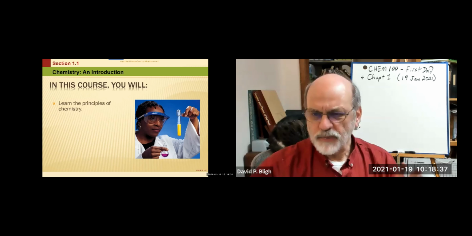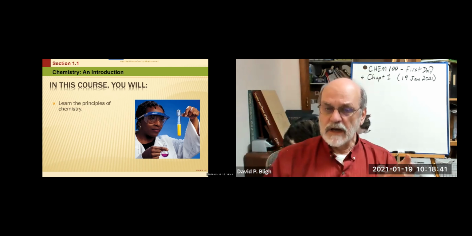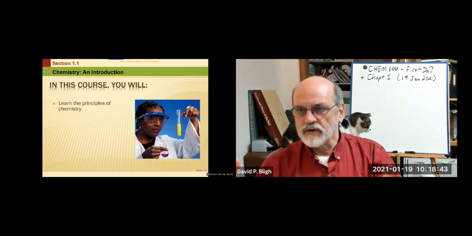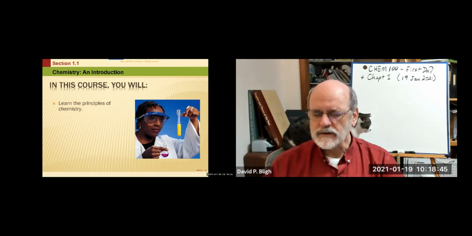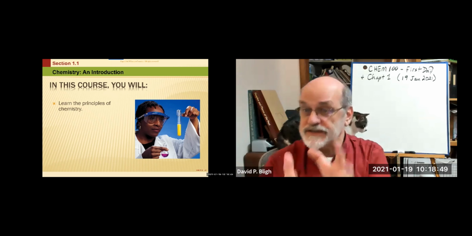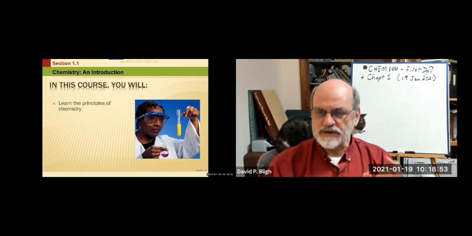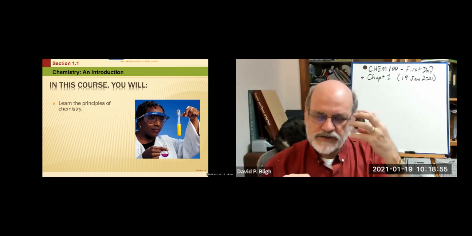So there are certain principles of chemistry, and I'll say this at the very beginning. What you see around you, the way nature works from a chemist's perspective, is nature does its thing. And what we do in the sciences is try to understand it.